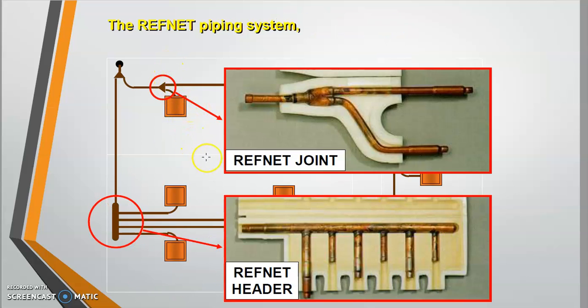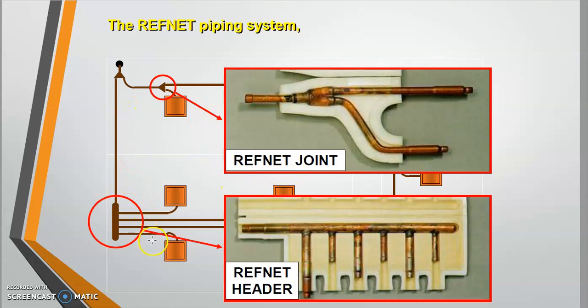This is an example of how they connect the refrigerant pipe into multiple branches. As you can see, this is the refrigerant pipe from the outdoor unit. It splits into two using the RefNet joint here. One part, on the right hand side, splits into two again. When it splits into two, we can use the RefNet joint.